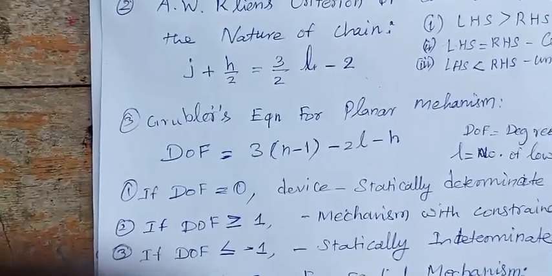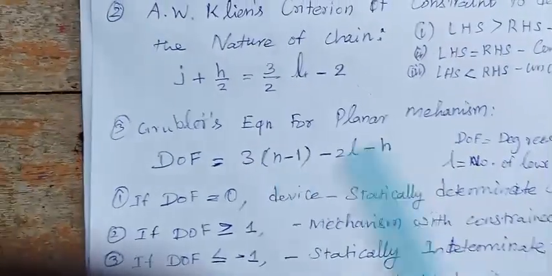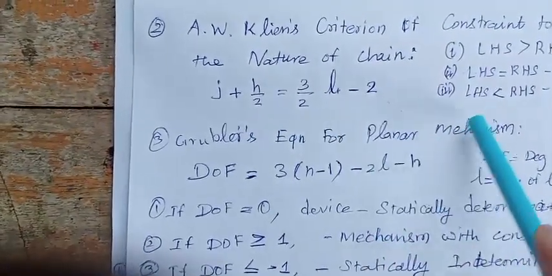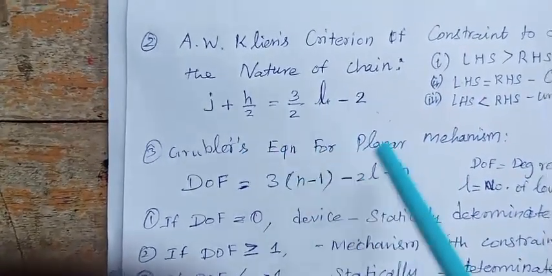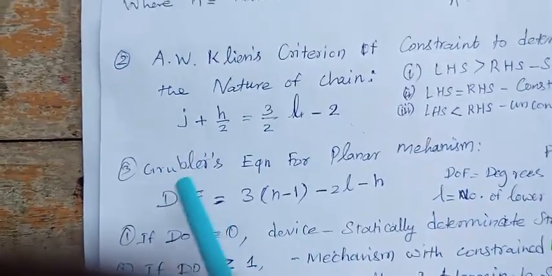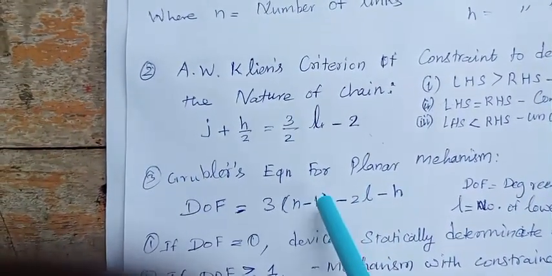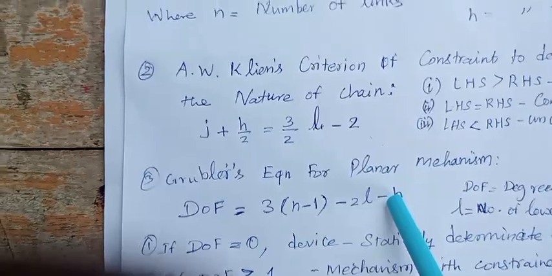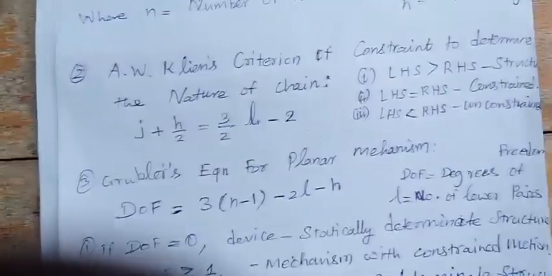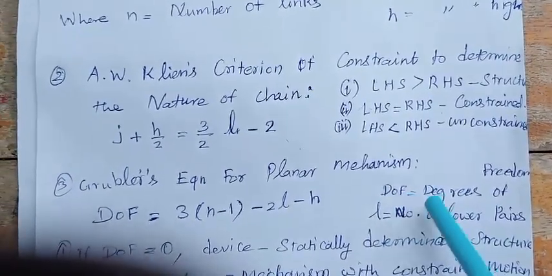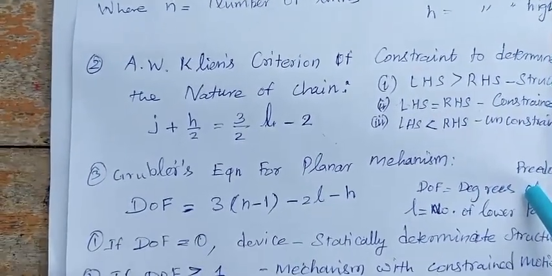Next formula is Grubler's equation for planar mechanisms. Here the degree of freedom equals 3 into n minus 1 minus 2l minus h. Here DOF means degrees of freedom, and l equals number of lower pairs.